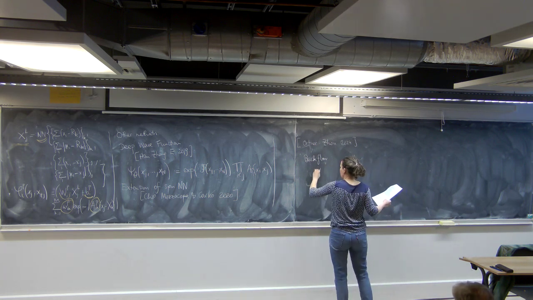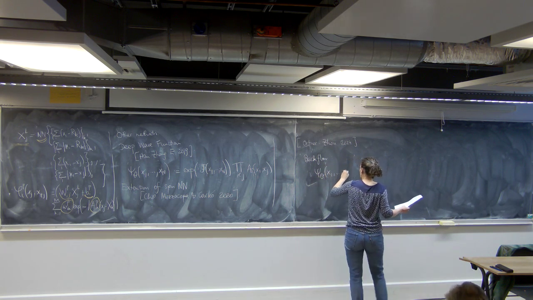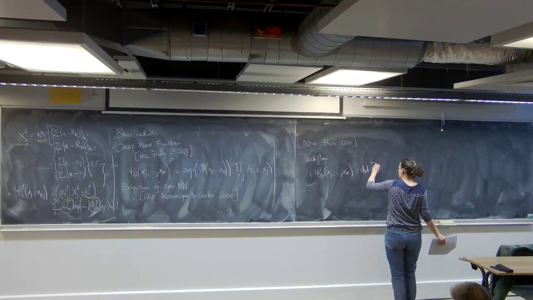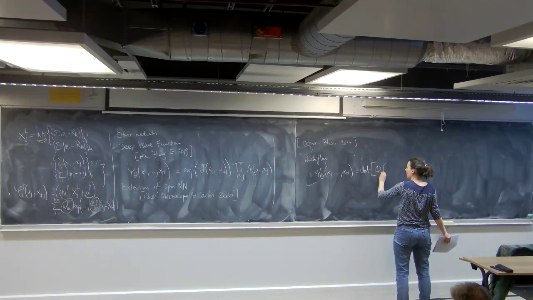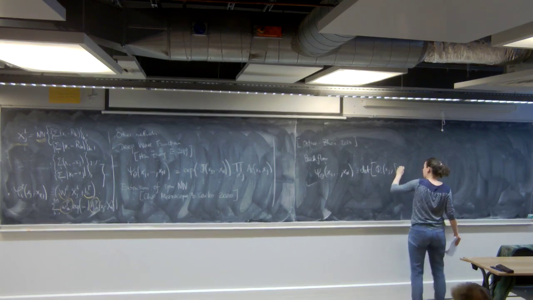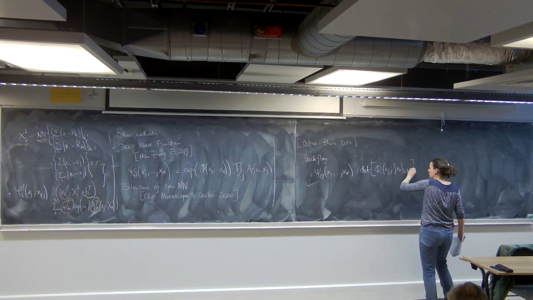So the wave function is parameterized as a determinant of the phi i of x_j, x_k, k not j. So exactly as before.